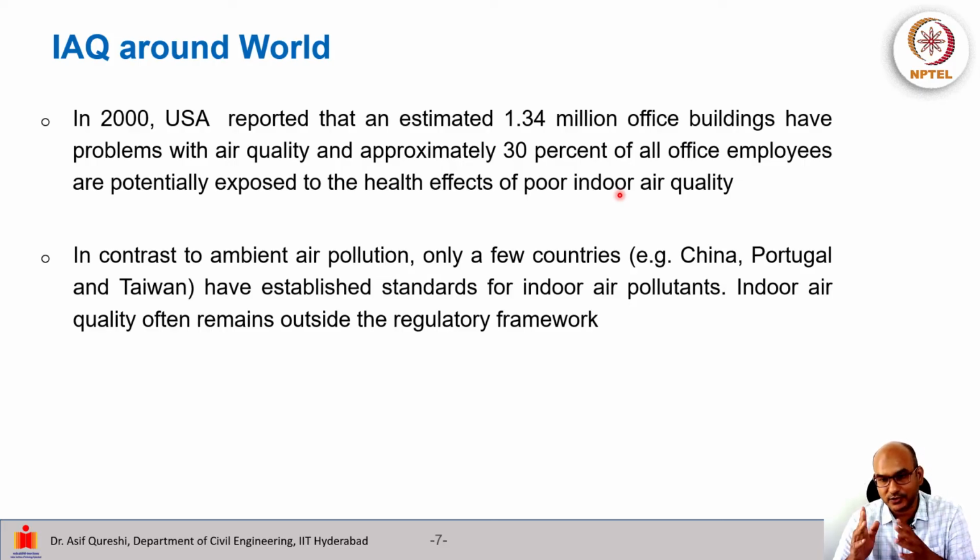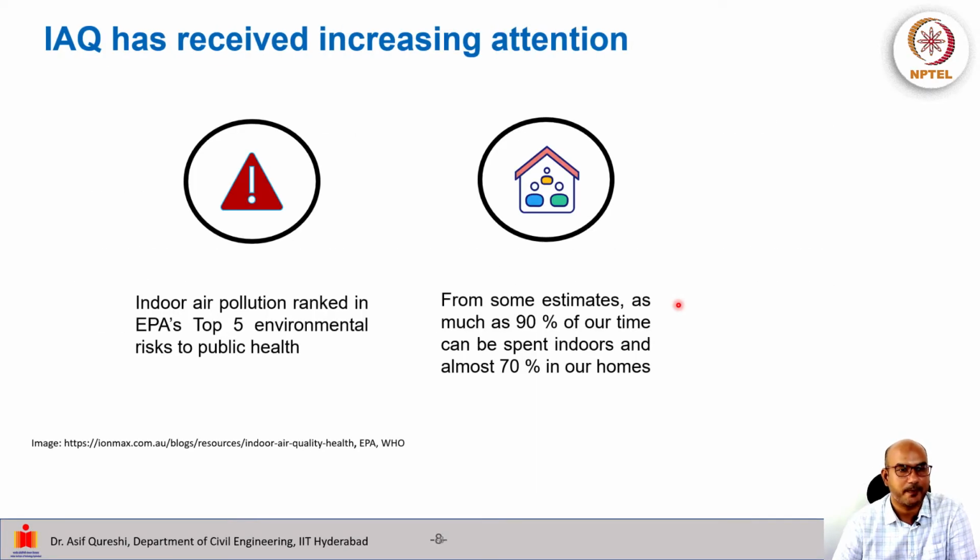In contrast, so we know that it's an important thing, but only a few countries are establishing standards or guidelines for indoor air pollution. So we have guidelines, or many places have guidelines, for outdoor air pollution, but indoor air quality many times is outside the regulatory framework, so probably it should also come within the regulatory framework going forward.